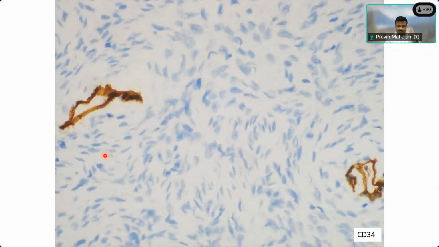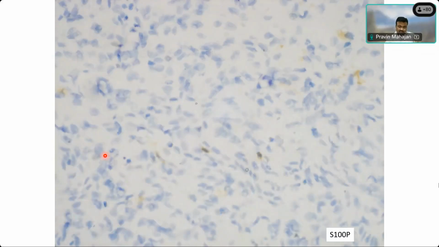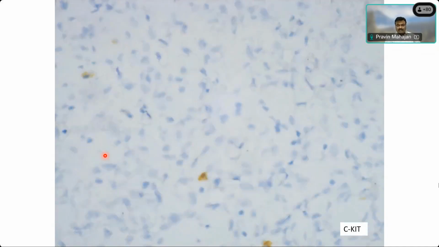CD34 is negative. I said fibroblastic tumors are usually positive. That is also negative. S100 is also negative. You thought it is some low-grade mesenchymal tumor, maybe a nerve sheath tumor or something. That is also negative. So all these markers are negative, right? CKIT for GIST is negative. Only a few mast cells are positive here and there.